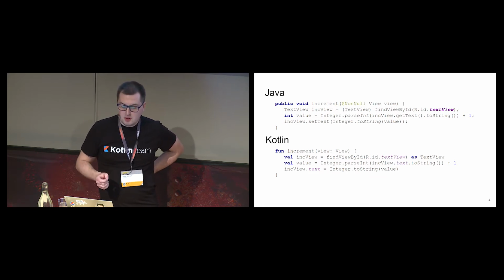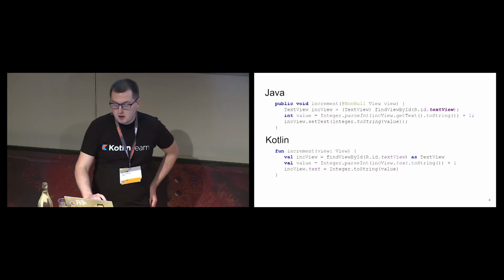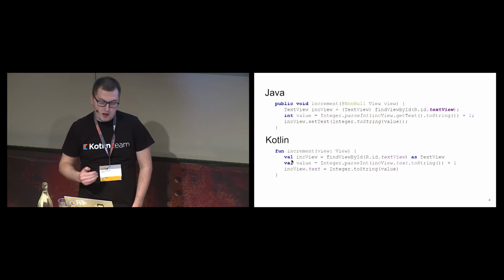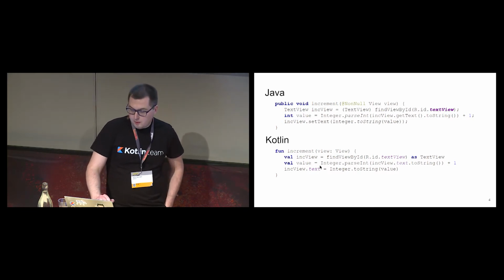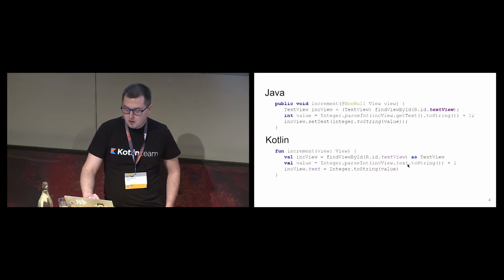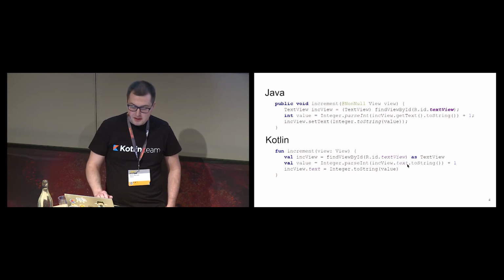The nullable types look the same, it's just they have a question mark at the end. Kotlin does a lot of type inference for you, so you don't have to specify types, for example, for local variables. And otherwise, it looks pretty similar, apart from the syntactical difference in how we represent a cast to a type, and also we have this notion of properties.